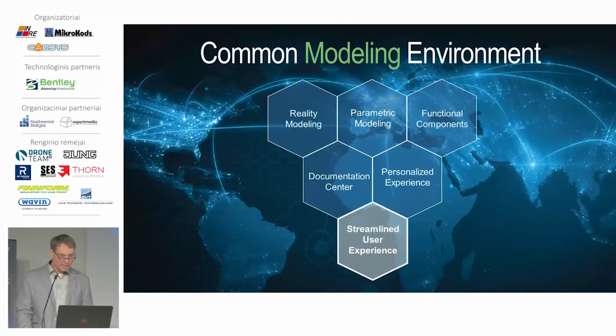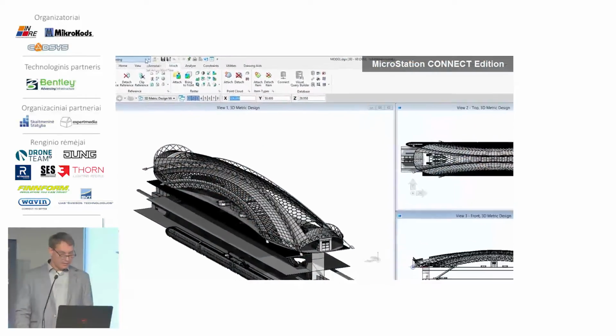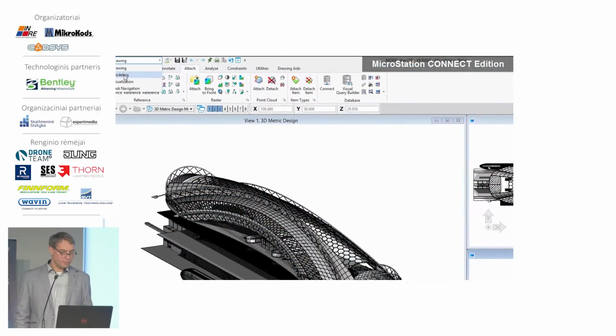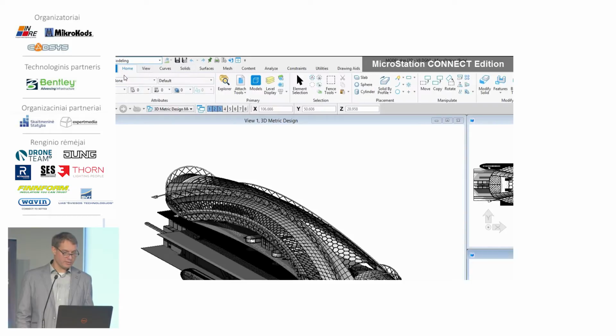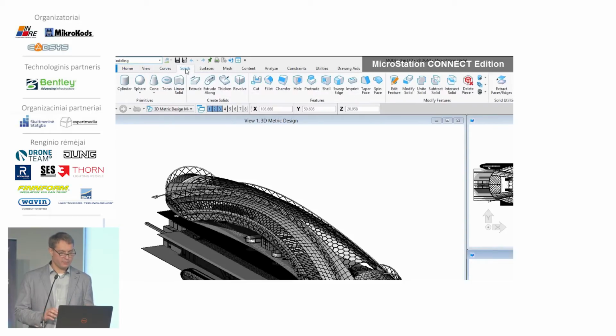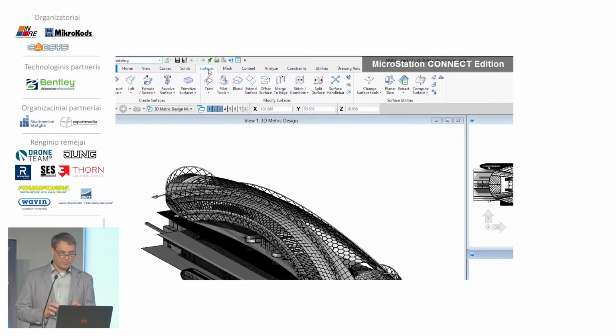So let's look further. Everybody's talking about user experience nowadays, and let's see. The new environment has a new user environment where the commands are placed on a ribbon as icons, which are easier to find and see, and they are grouped by workflows, like modeling and drawing composition, maybe visualization.